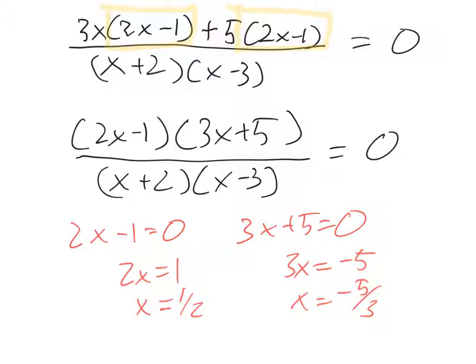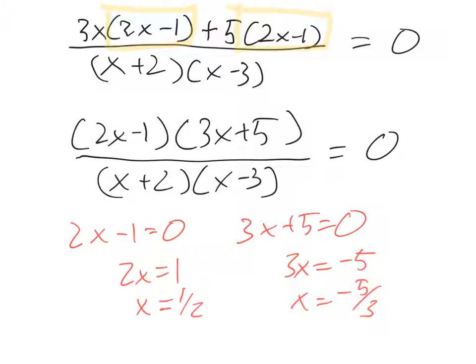The only one thing that we have to check is to make sure that both of these x's don't make our denominators equal to 0, right? Take a look at our denominator of x plus 2 times x minus 3, right? What are the values that make that equal to 0, right? It's going to be negative 2 and positive 3.